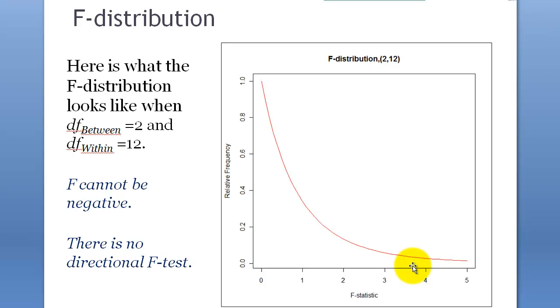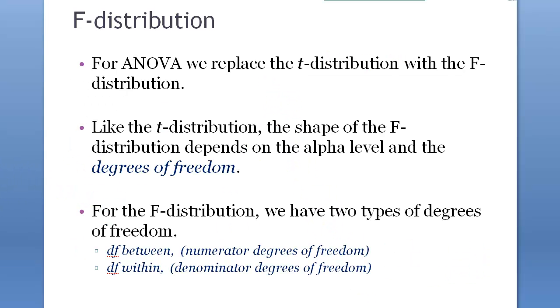We just have to know how to calculate the F-statistic and also find the critical value of F. As usual, degrees of freedom come into play. Depending on the degrees of freedom, the shape is going to be slightly different. Let's figure out the critical region first.